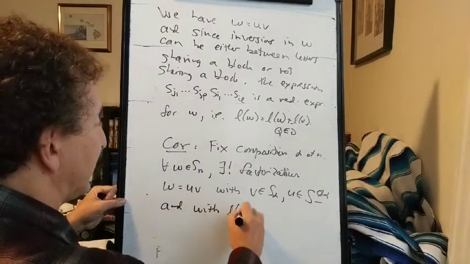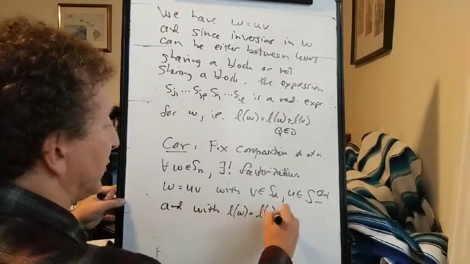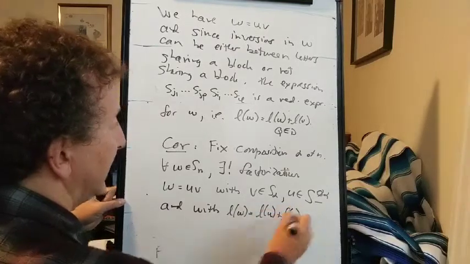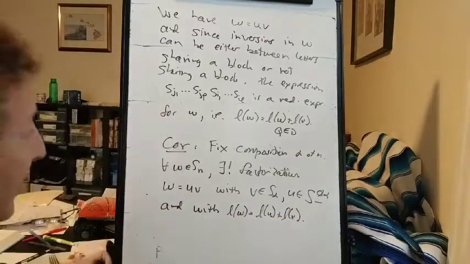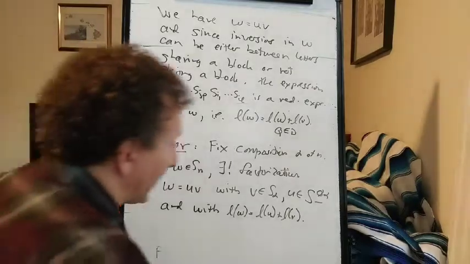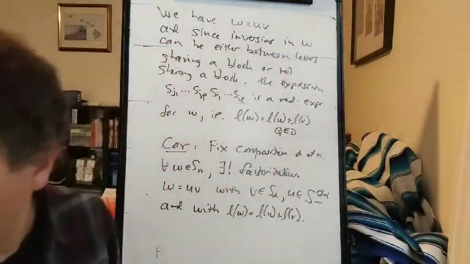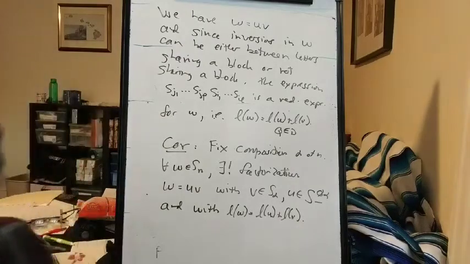And with the length of W being length of U plus length of V. We can get this from the other result just by taking inverses, and all the products of generators are just backwards. The end.